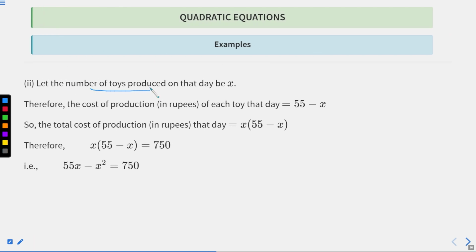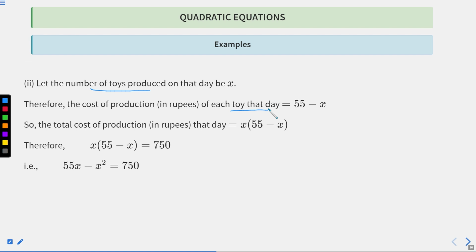Therefore the cost of production in rupees of each toy that day is equal to 55 minus x. So the total cost of production in rupees that day is equal to x times (55 minus x). We are given that the total cost of production that day is 750 rupees.